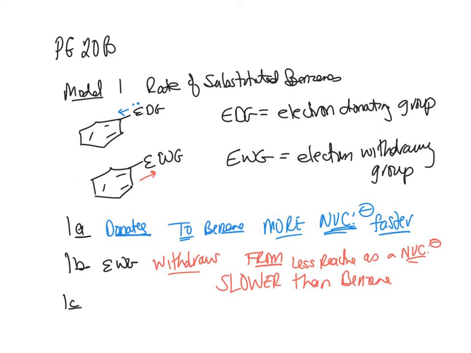1C. An aromatic compound that is more reactive than benzene is called an activator. Which group would make an activator? And that would be an electron donating group. An aromatic compound that is less reactive is called a deactivator.